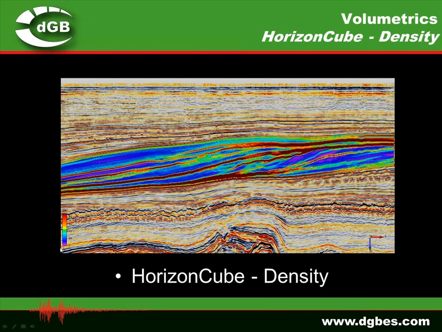You can see here in purple is the low density, and in dark red and brown is the high density. You can really see the difference in the HorizonCube density. You can really see the pinch outs when it's getting denser. It's just one look, and you see the key information.